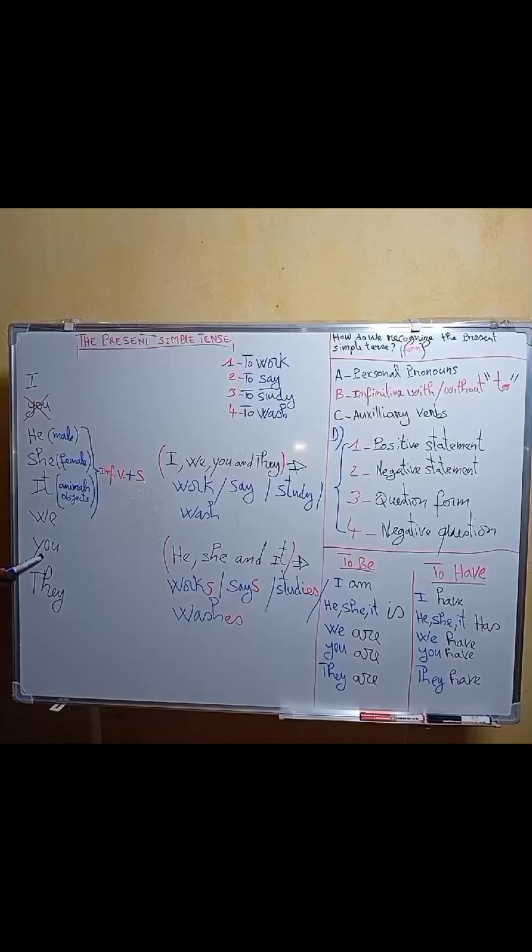We, you, and they are plural. But he and she in the third person singular are for persons. Especially, he is for male and she is for female. It is for animals and objects.